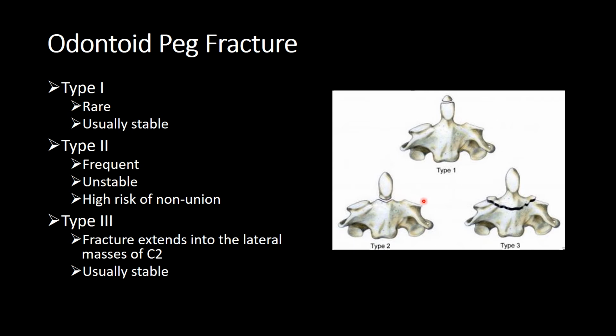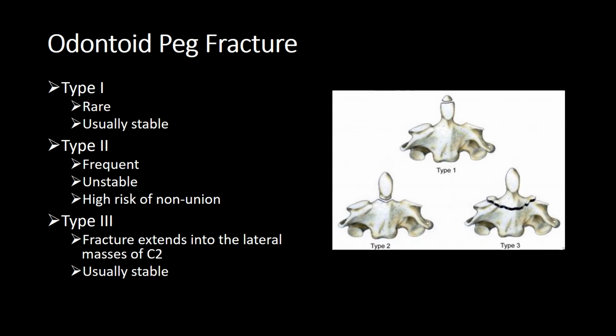So the lateral masses of C1 are now no longer held in place, and so the peg can move, usually anterior or posterior in relation to the vertebral body of C2. It has a high risk of non-union, so it's often fixed in theatre.